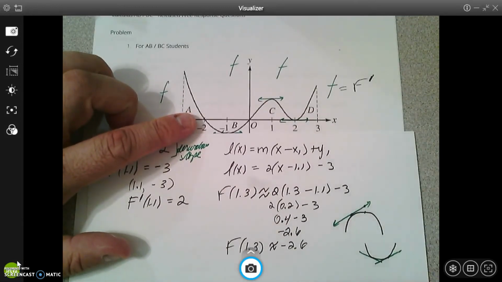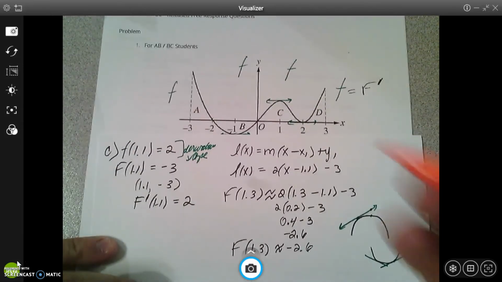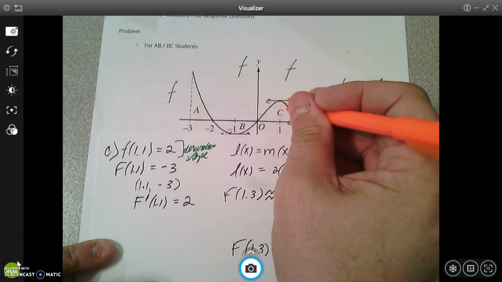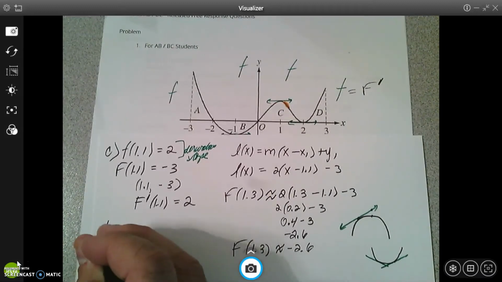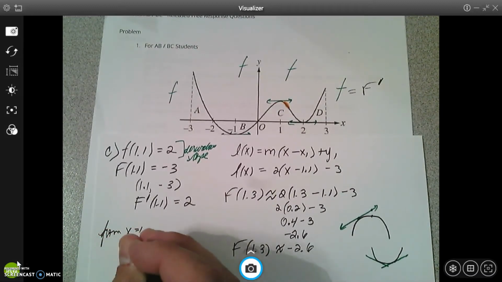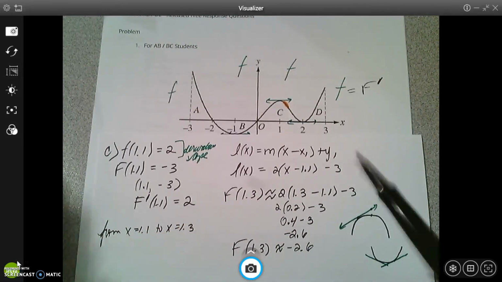So if I look on the graph of little f from 1.1 to 1.3, so basically this little section over here, what we can say about little f is from x equals 1.1 to x equals 1.3, I want to be careful.